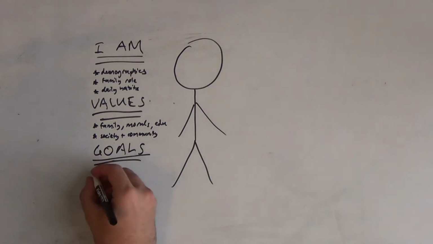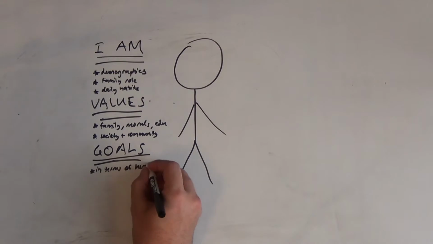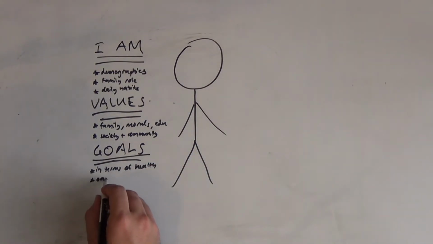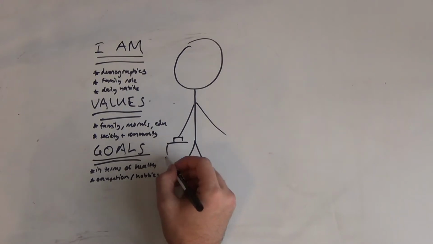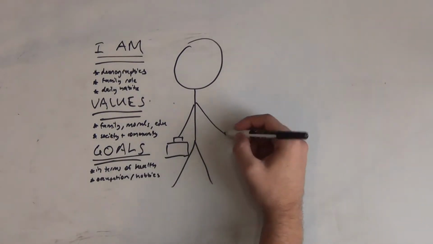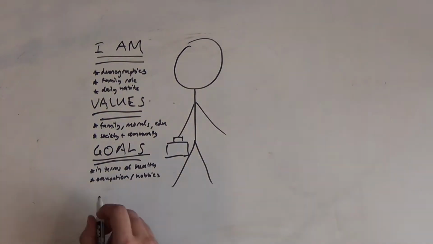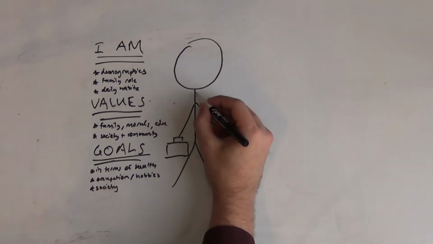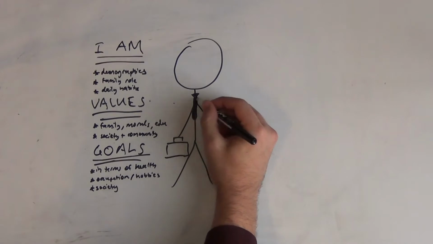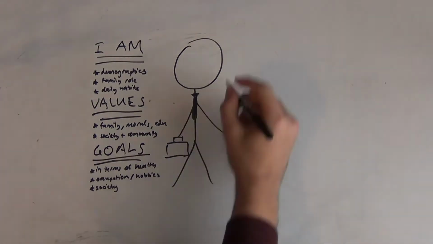This is really in terms of health for us. This is something that's more specific towards the client that you have, and often involves occupation and hobbies, as well as things that happen in society and in communities. An example of this could be to be a business person or to receive a higher form of education one day.